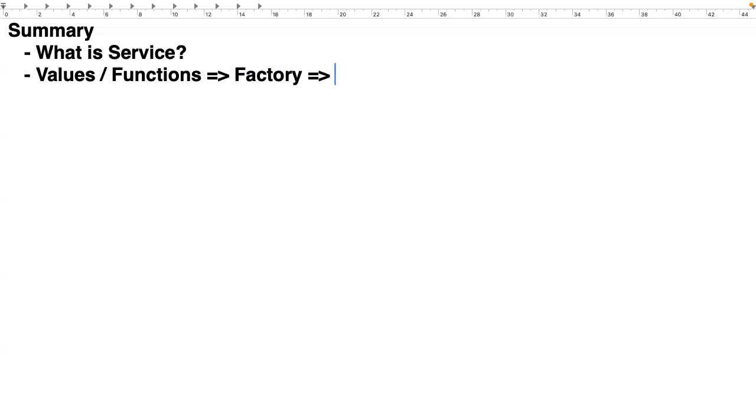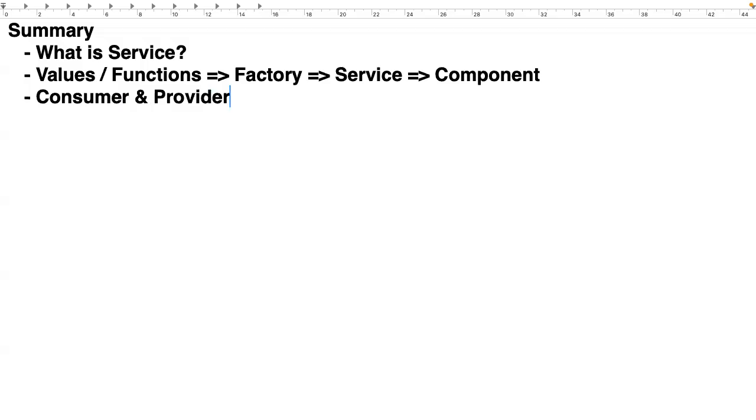The factory is put into a service. Services are injected into components. A service usually will have a consumer and a provider. So mainly we have a consumer, provider, injector, subscriber like this.